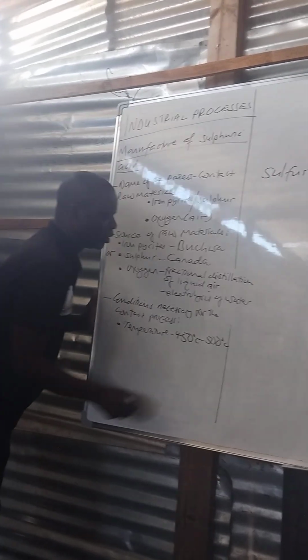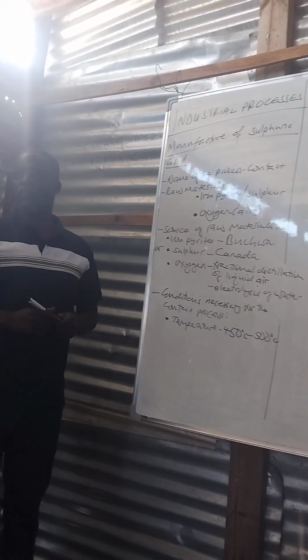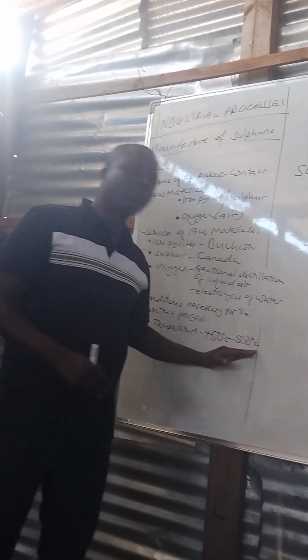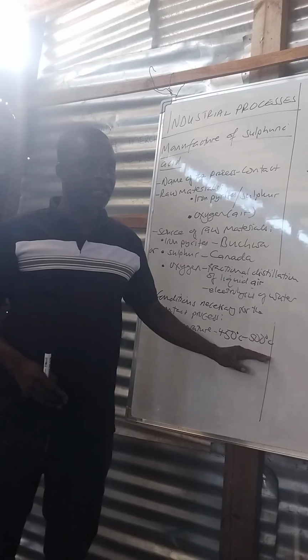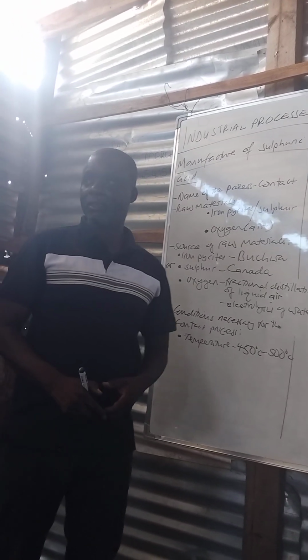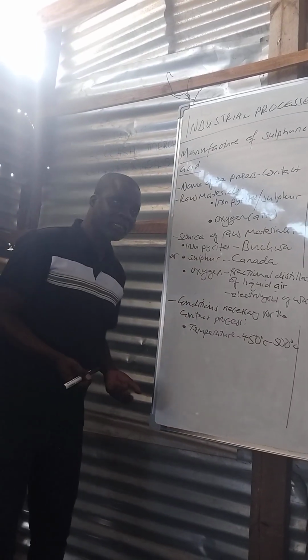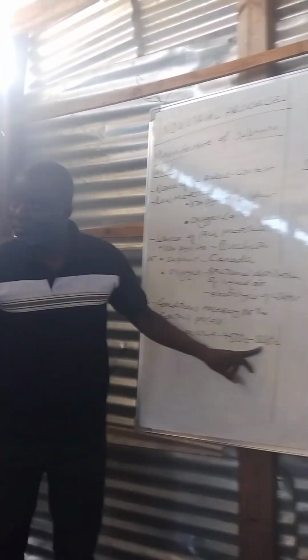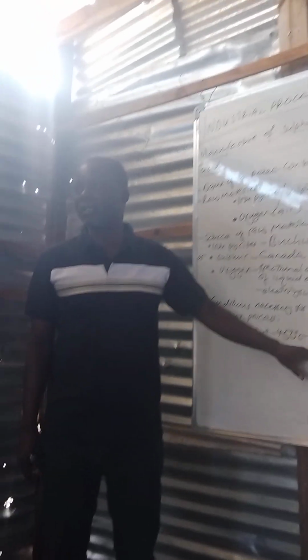If you say 450, or 480, that is fine. Any figure between 450 and 500 is acceptable. You can give it as a range, or any figure between. If you say 490, that is fine, because it is between 450 and 500.